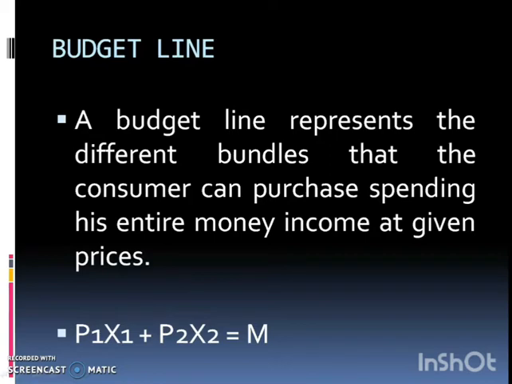All points on the budget line show different combinations of good 1 and good 2 with his entire income. That is, every point on the budget line shows price of good 1 into quantity of good 1 plus price of good 2 into quantity of good 2 is equal to the money income of the consumer.